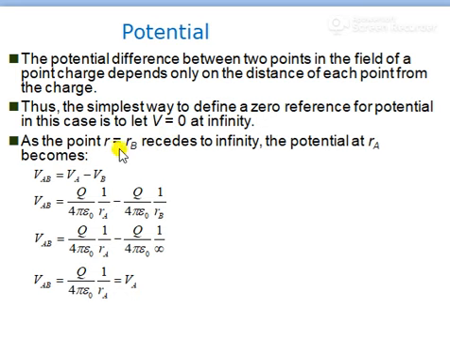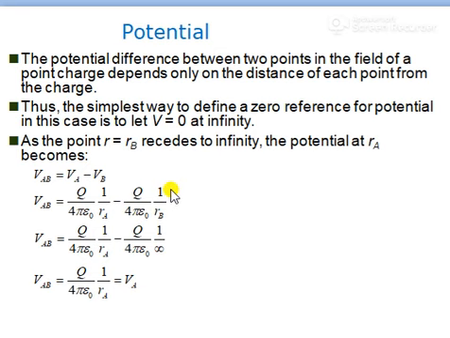As the point r equal to Rb recedes to infinity, the potential at Ra becomes VAB equal to Va minus Vb, that is q by 4 pi epsilon naught times 1 by Ra minus q by 4 pi epsilon naught times 1 by infinity. We have made the Rb point an infinity point.